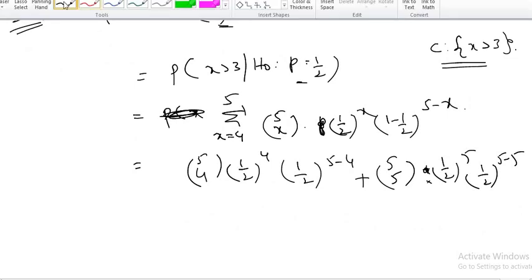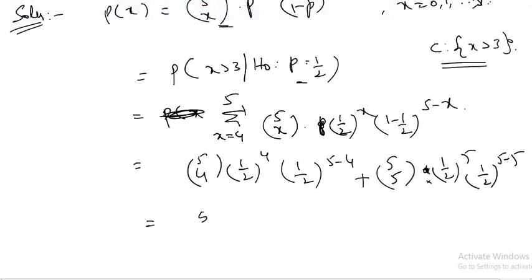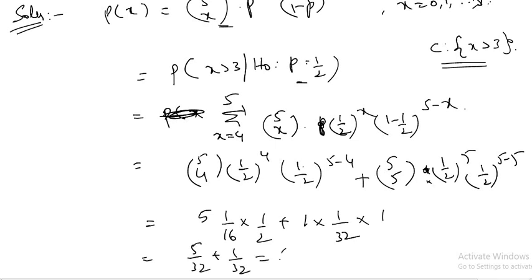Just do the simplifications. 5C4 is 5, (1/2)^4 is 1/16, into 1/2, plus 5C5 is 1, (1/2)^5 is 1/32, into (1/2)^(5 minus 5). 5 minus 5 means 0, that means 1. So 5/32 plus 1/32 is 6/32, which is 3/16.